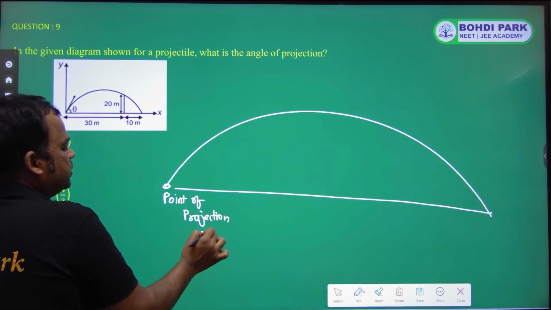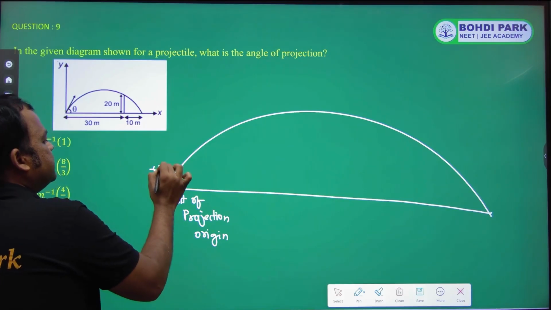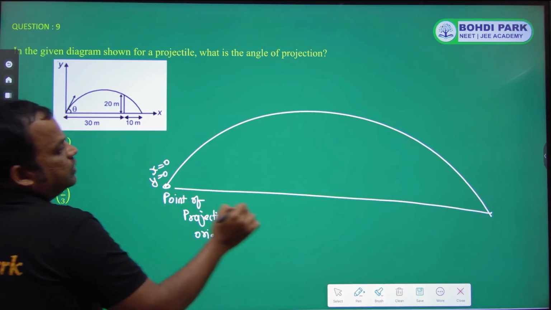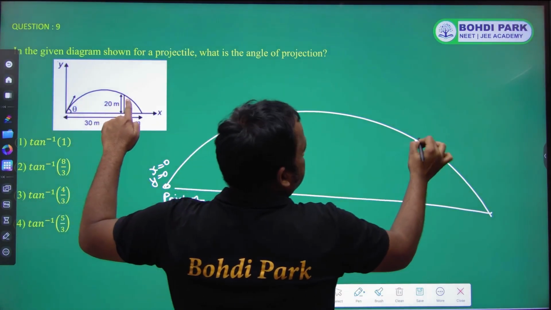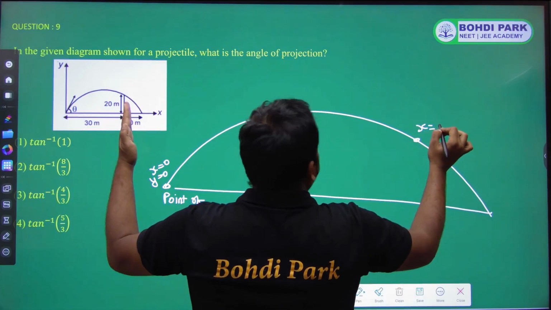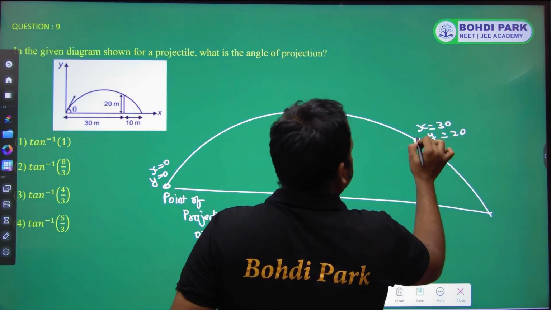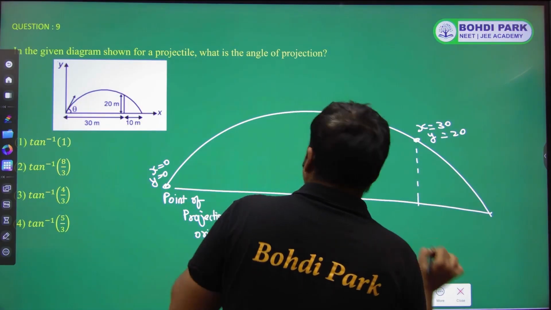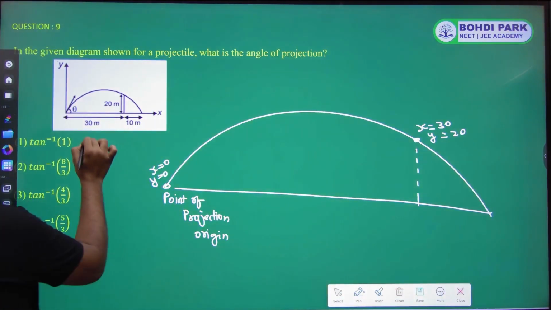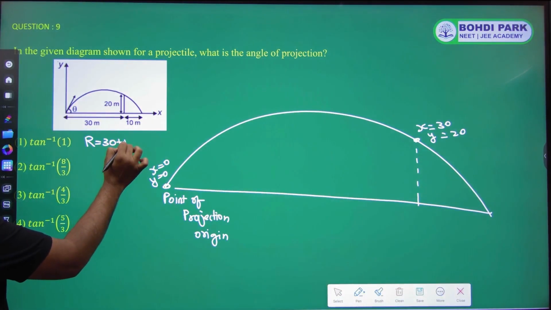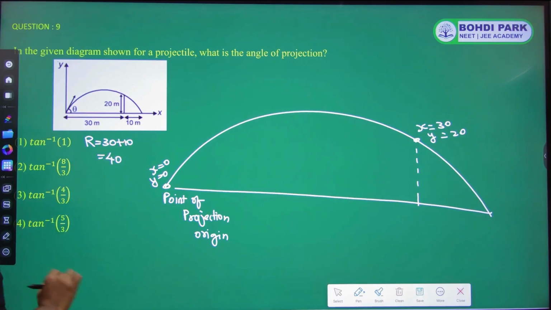It is origin. So x is 0, y is 0, and for this point x is given 30, y is given 20. And range is also given. Range is 30 plus 10, so 40.